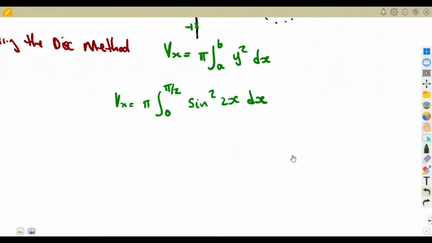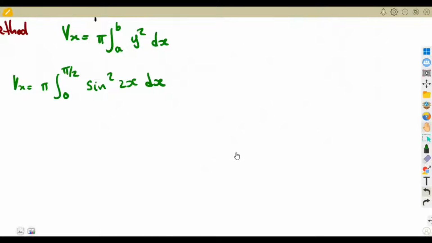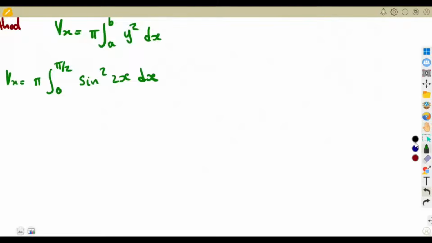Remember, we talked about this. Whenever in our integration, I want you to go back to the integration of trigonometric functions. We talked about the integral of sine to the exponent of ax dx. When this is an even number, where this is squared, we are going to use the identity for sine squared.